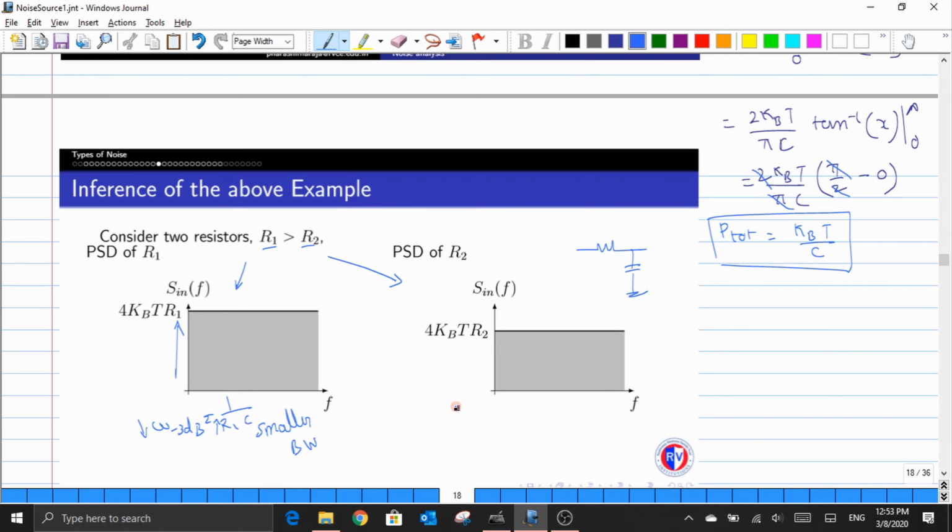Whereas in the case of a network with resistor R2, the bandwidth is quite larger compared to the bandwidth of the R1 combination.